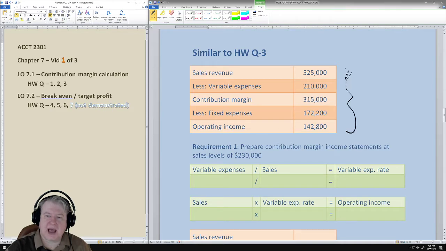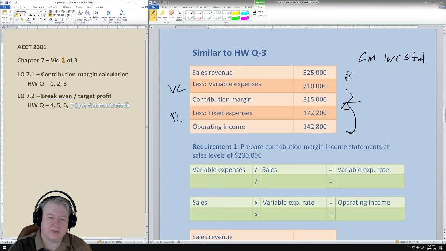Now notice this is not a normal income statement, it is a contribution margin income statement, because one of the middle things here is we figure out contribution margin. And remember from the last set of homework, a contribution margin income statement deals with variable costs first and then fixed costs later. And in between, rather than having gross profit, we have contribution margin.